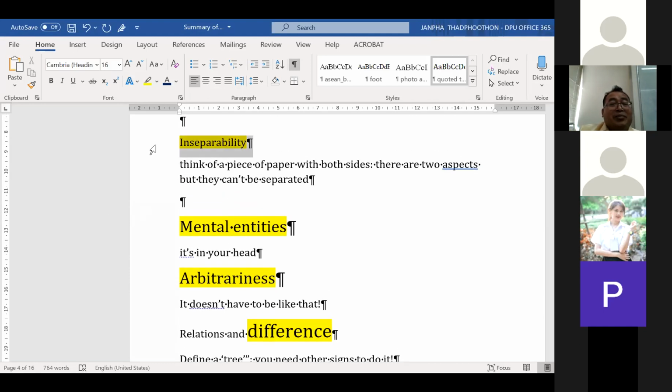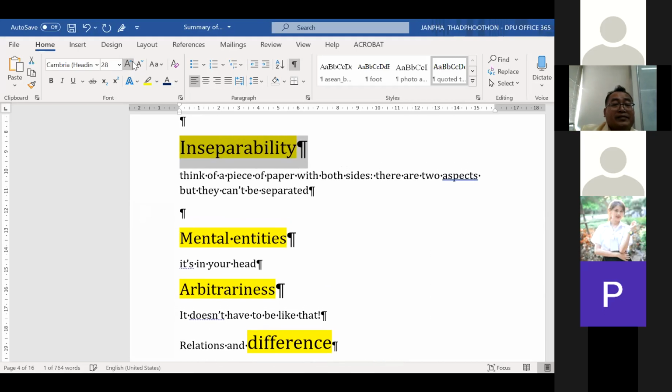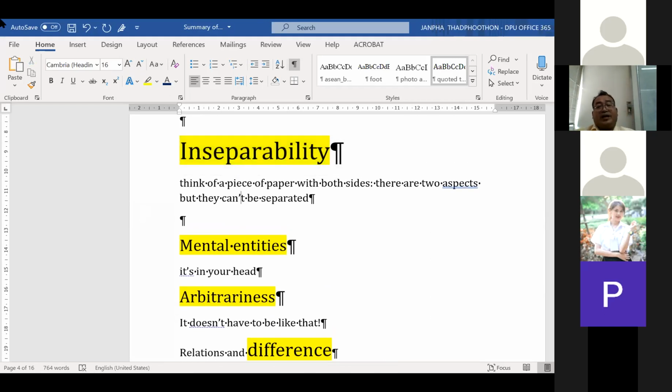And the first one, inseparability. They cannot be separated. What do we mean by that? It means the signifier and the signified cannot be separated. The name and the meaning must go together, like two sides of the same coin.